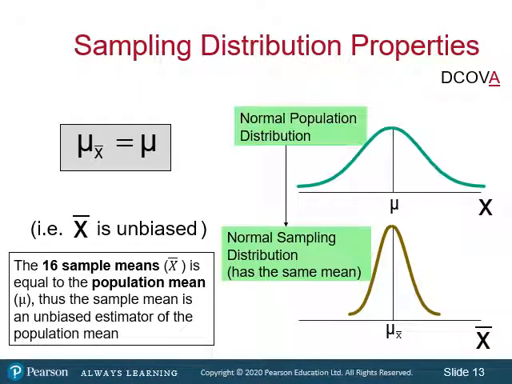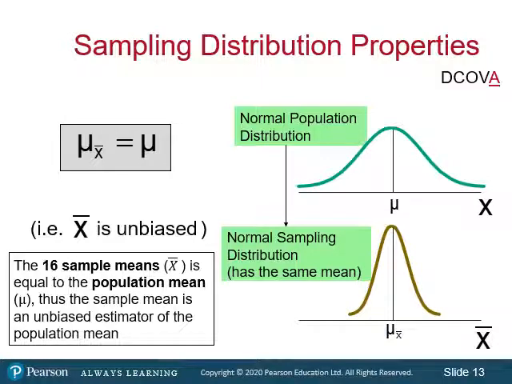What we have shown thus far is that your mu X bar, the sample mean, is equal to your population mean. In a standard normal distribution from the population, when we take a sampling distribution, the mean value for the population and the sample will be the same.